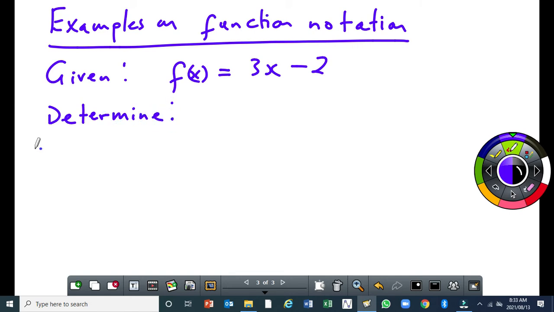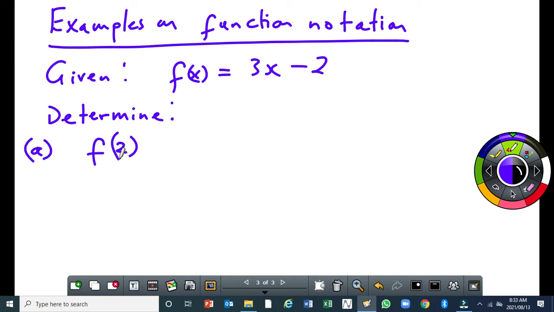Determine, let's start with A. Let's say f(2). So if you are given f of x equal to 3x minus 2, and then the question says determine f(2), it means you want to find the value of y.